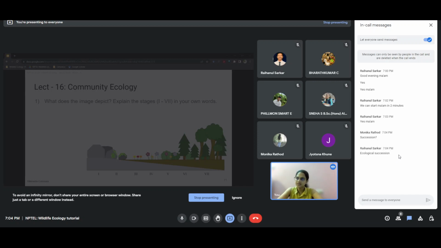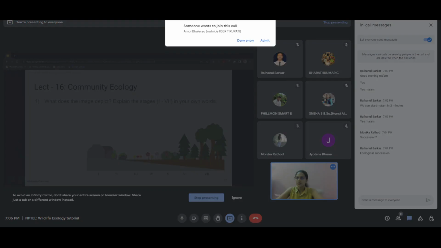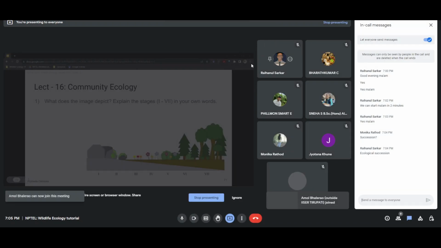That is succession, ecological succession. Yes, that's right. Would anyone like to explain what's actually happening here? You need not explain everything in detail, just a brief overview.